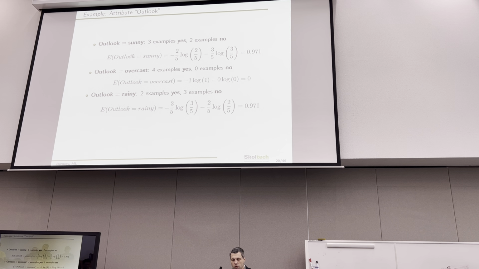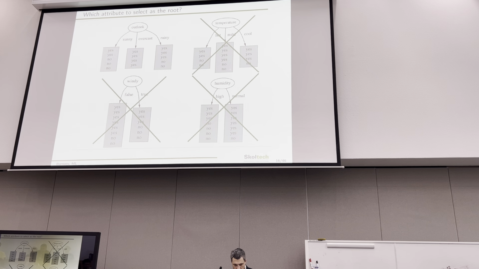So the entropy of this subset of data is equal to this value. Then, when the outlook is overcast, we have 4 examples with yes and 0 examples with no.